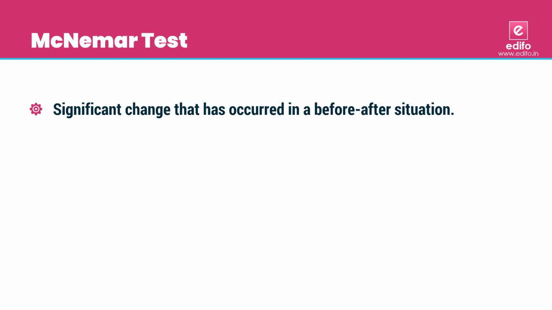So, McNemar test is a matched pair test used to determine whether there is a significant change in nominal data before and after the event. Matched pair means we are collecting data from the same person before and after.